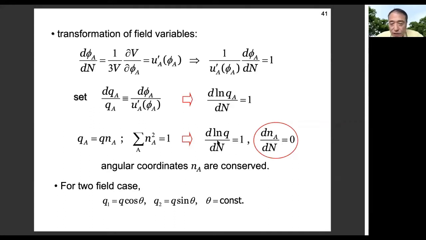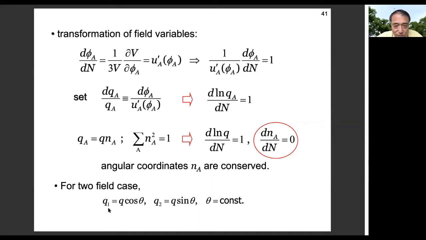So this direction, orthogonal to the trajectory, will be the so-called isocurvature direction. But in general, you cannot explicitly decompose them like this; in this simplest case, you can.